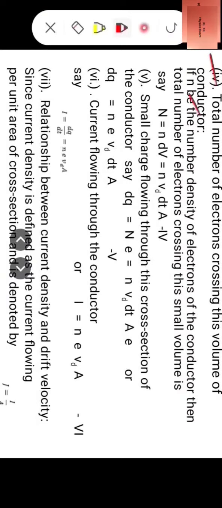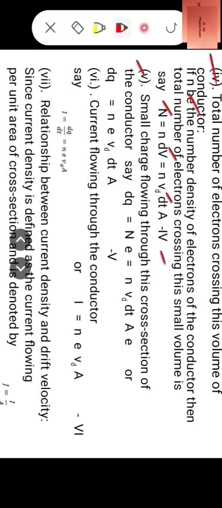If small n be the number density of electrons of the conductor, then total number of electrons crossing this small volume is N equal to small n into dV, or it is equal to n into Vd into dt into A. Let us mark it as equation 4.